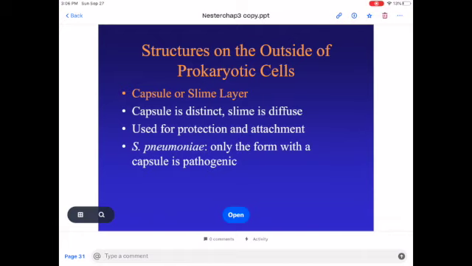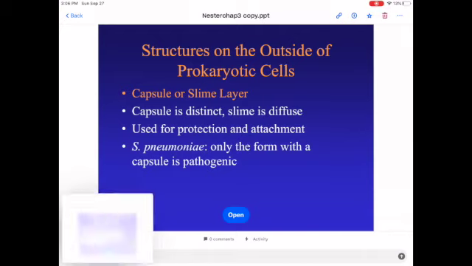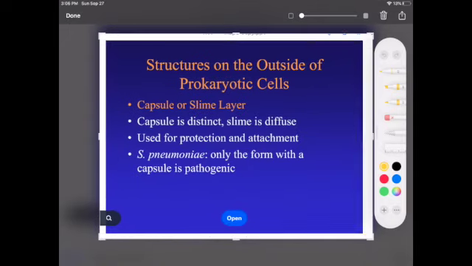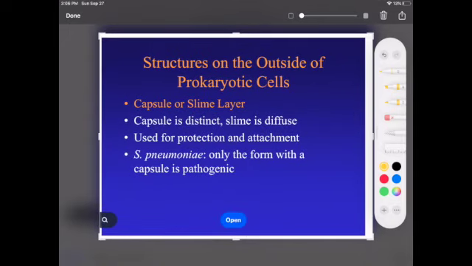A capsule or a slime layer, I'm going to write this down here. It's generally made of polysaccharides. It's a polysaccharide layer that surrounds a bacterial cell. So like right here, and the cell membrane and cell wall will still exist, but it'll have this diffuse polysaccharide layer around it.